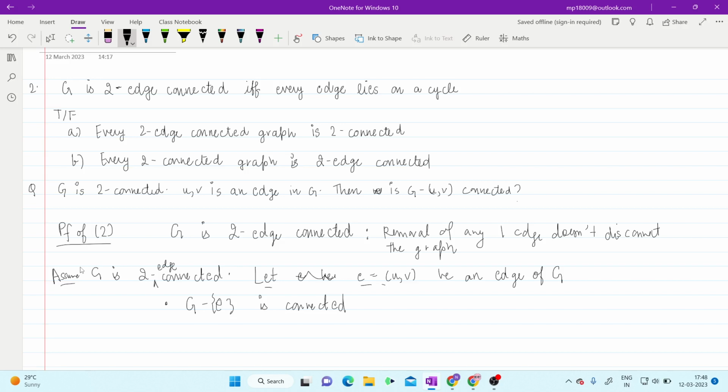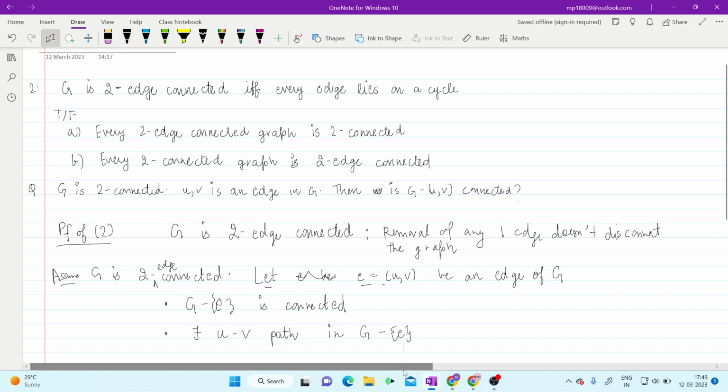Now if G minus e is connected, that means there exists a uv path in G minus e. Now can you see why e lies on a cycle?